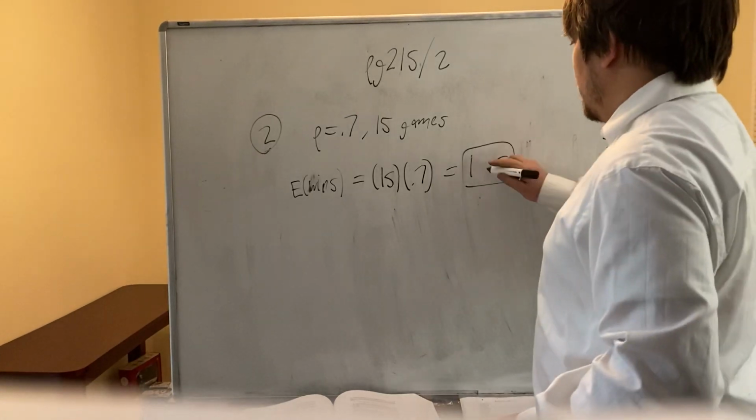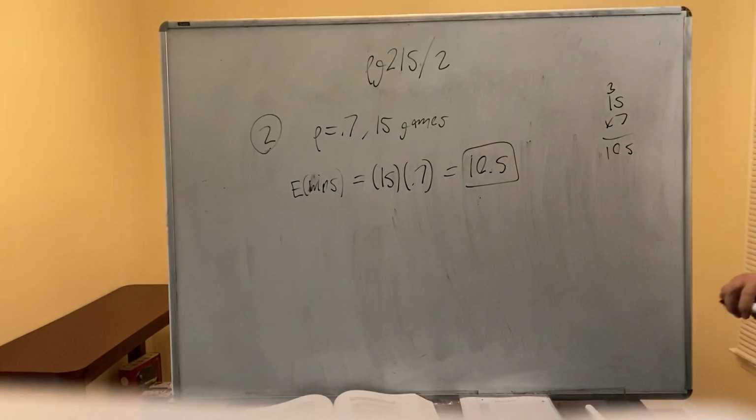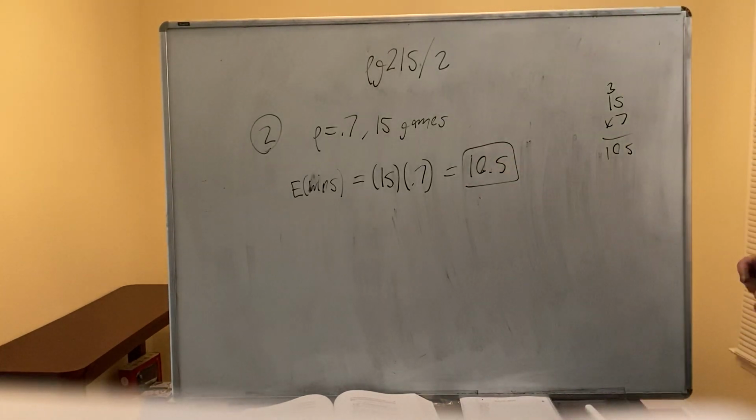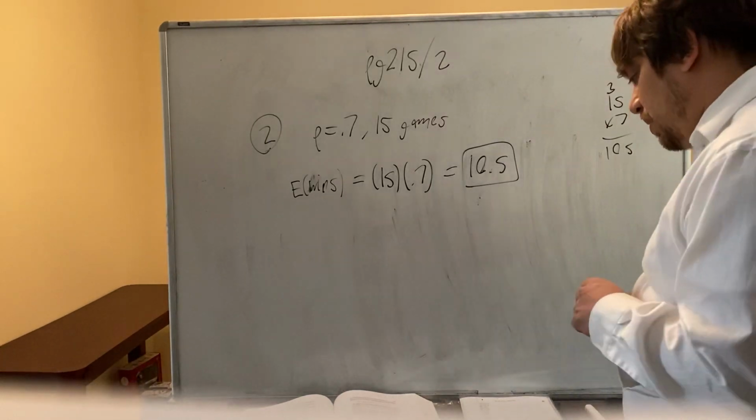One decimal place, it's 10.5. Okay, so the expected number of wins is 10.5. That's it. So that's 215, number 2.